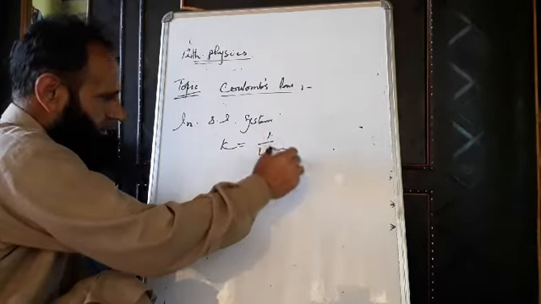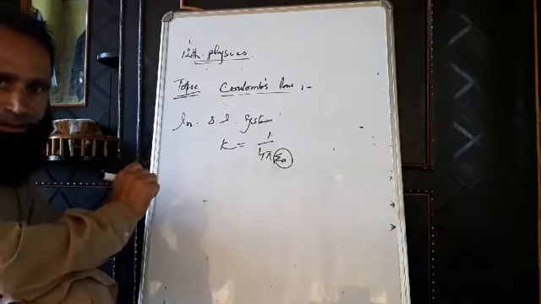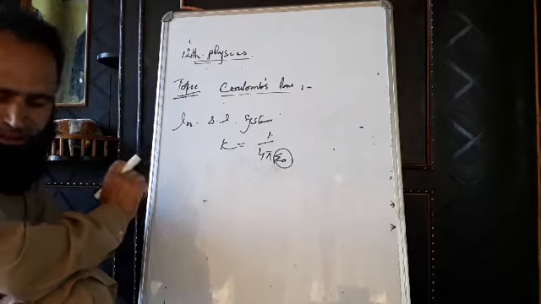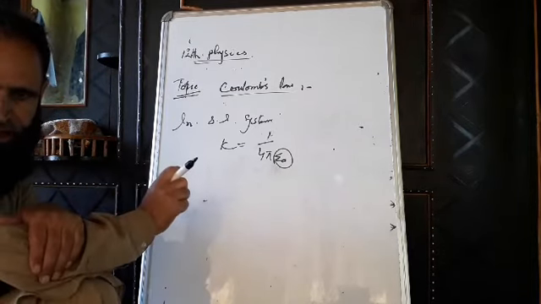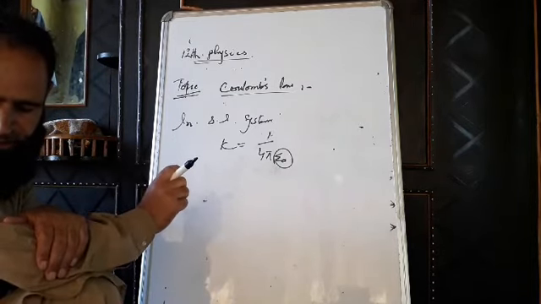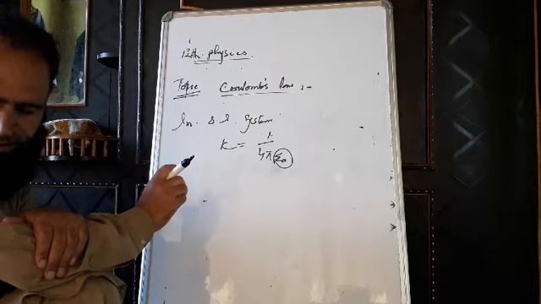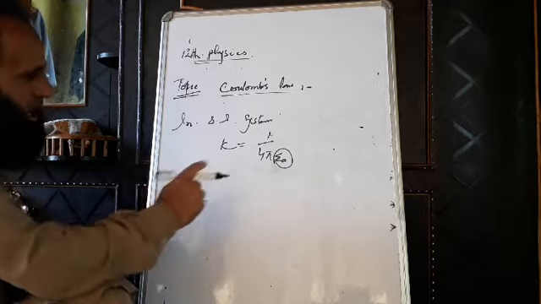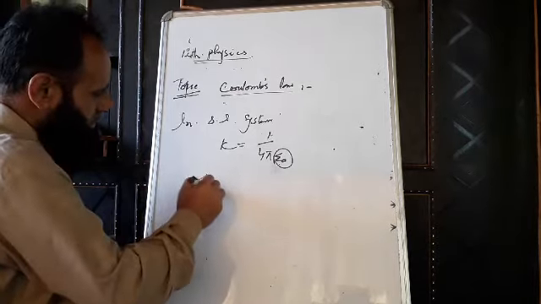What is epsilon naught? Epsilon naught is the permittivity of free space. It is called the absolute electrical permittivity.